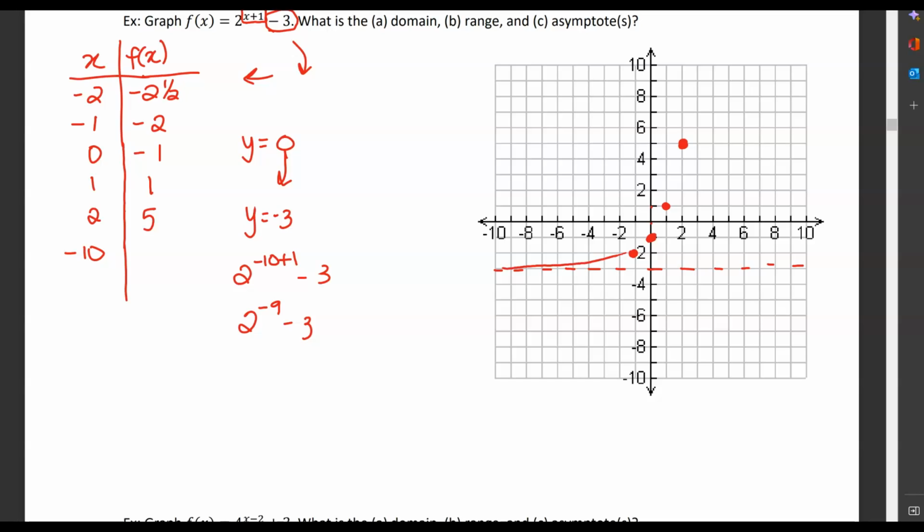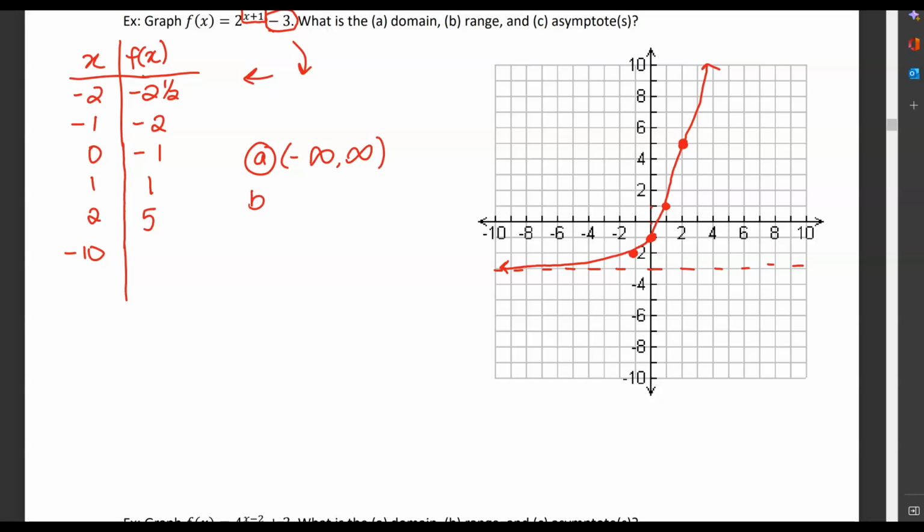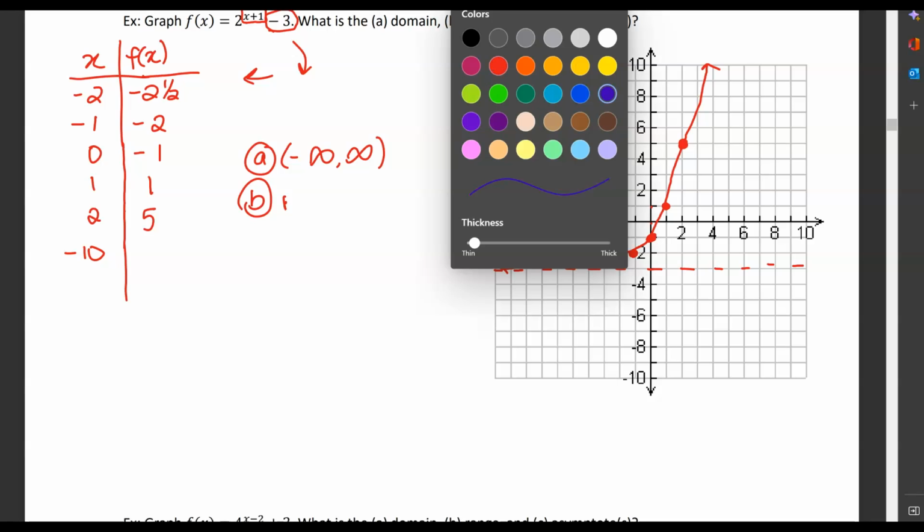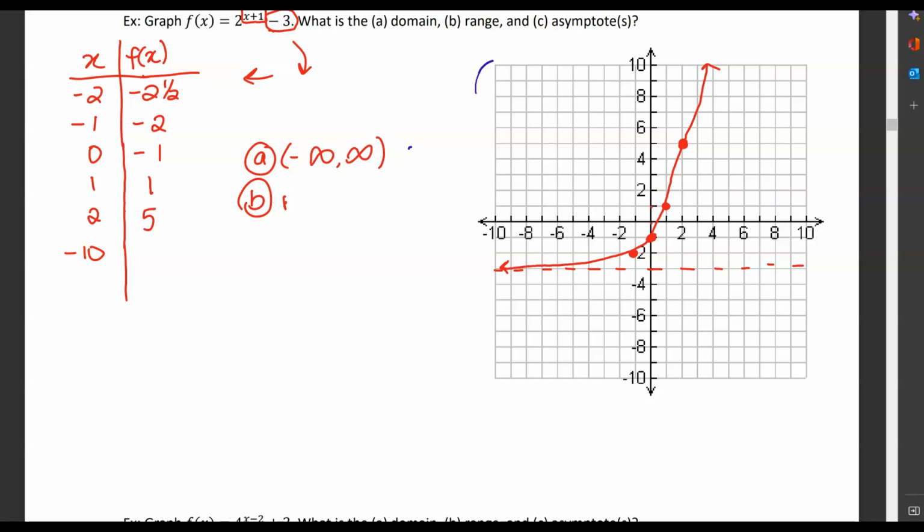Which makes sense based off the transformation of the function. Now let's answer some of these questions here. The domain, our domain A, is still going to be -infinity to infinity. But now B, for the range, we got a little bit lower than the last one because of that asymptote.